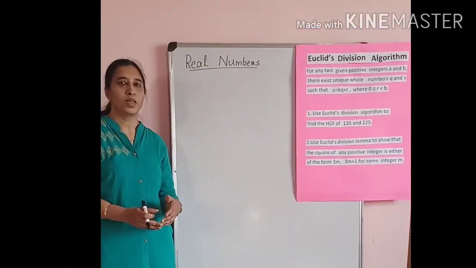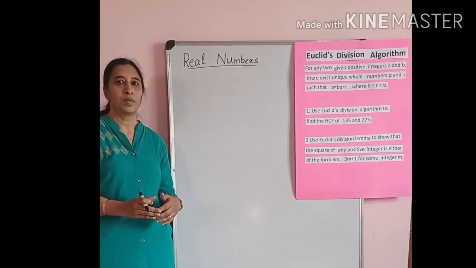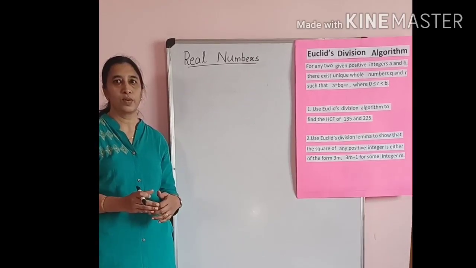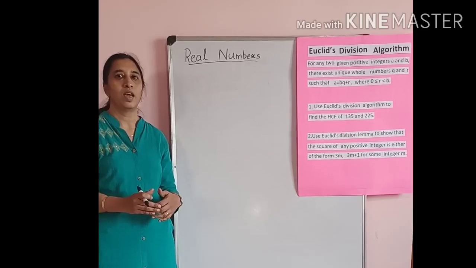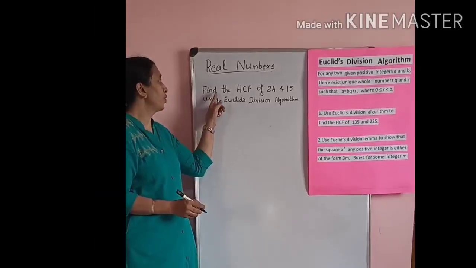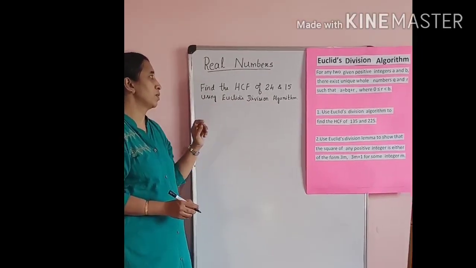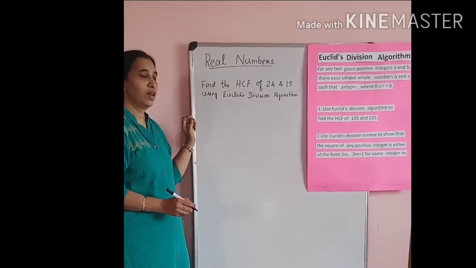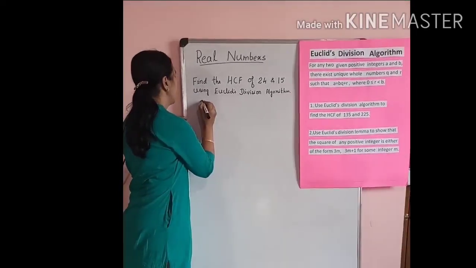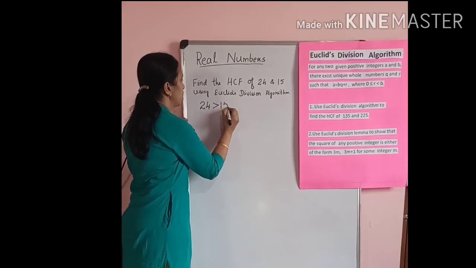Let's see what is the importance of learning Euclid's division algorithm. Euclid's division algorithm is a technique to compute the HCF of two given positive integers a and b, where a is greater than b. Let's see how to find the HCF of 24 and 15 using Euclid's division algorithm. Among 24 and 15, we have 24 as the greater number. So 24 is greater than 15.